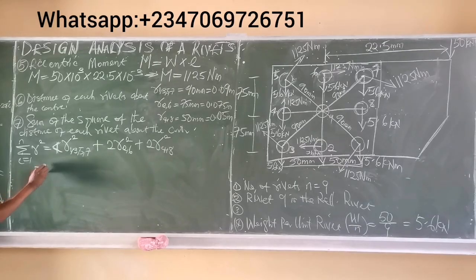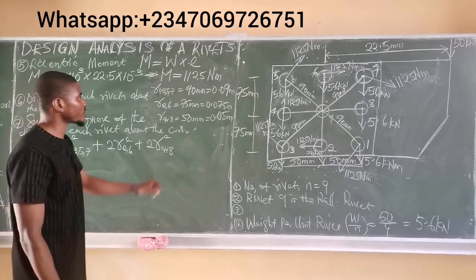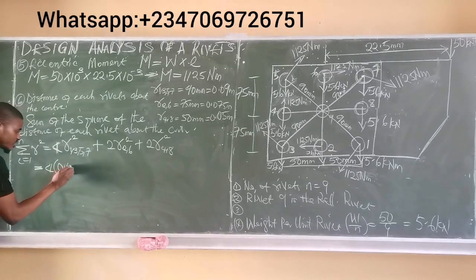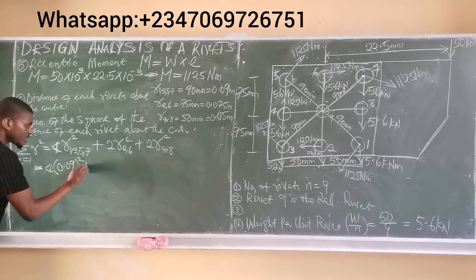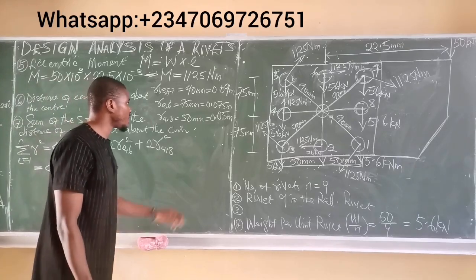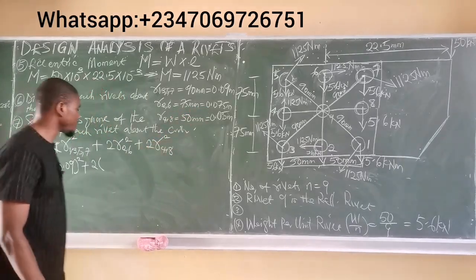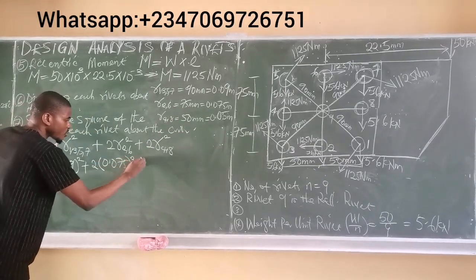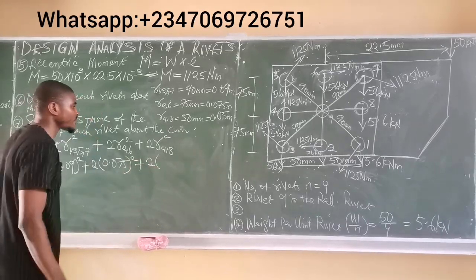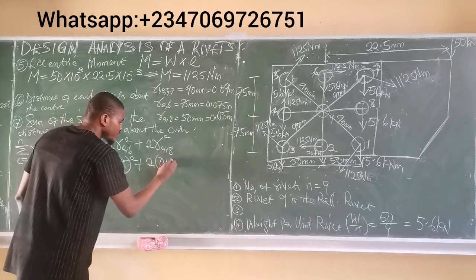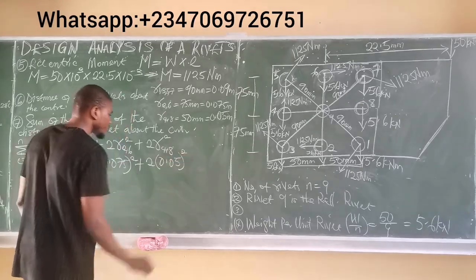So let's obtain this value now. This is going to be equal to 4 times rivet 1, 3, 5, 7, whose distance is 90 millimeter to the center, which is 0.09, so you have 0.09 all squared, plus 2 times rivet 2 and 6, which take 75 millimeter, which is 0.075, so you have 0.075 all squared, plus 2 times rivet 4 and rivet 8, which take 50 millimeter, which is 0.05, so you have 0.05 all squared.